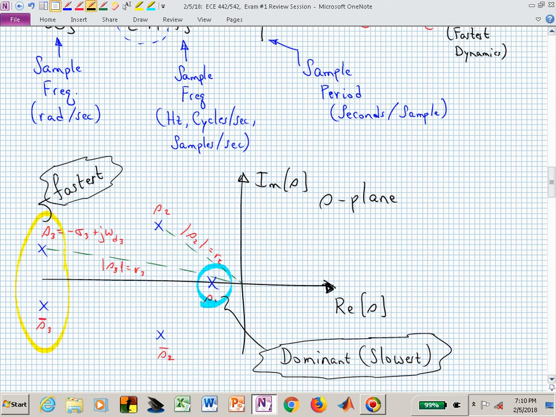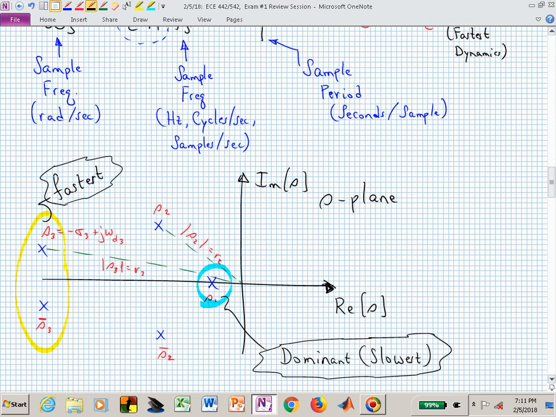Omega sub d tells us how they're shaking with frequency. And actually, we want to know more about their natural frequency, which is the combination. It's the hypotenuse of that real part and imaginary part. We really want to know what is R sub 3, or what's the magnitude of S sub 3. That's what we will use to determine which of these sets of poles or groups of poles we need to concern ourselves with when we pick a sampling frequency.